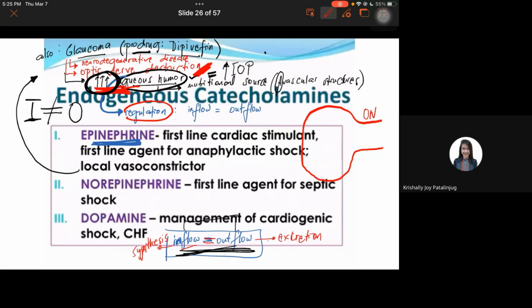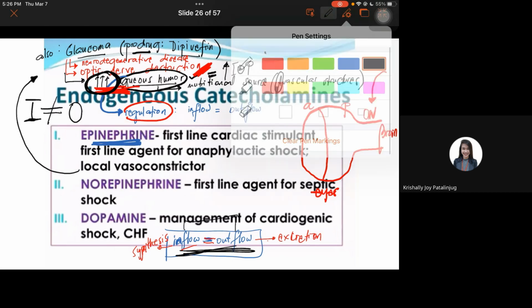Sabi natin, ang optic nerve, siya yung nagdadala ng sensory impulses mula sa mata towards the brain. Let's say dito yung brain. Okay? So, paano nadadamage yung optic nerve? By the way, sa anatomical structure ng mata, meron kasi yung anterior portion, meron din posterior portion. May anterior yung nasa harap, yung nasa likod, posterior.